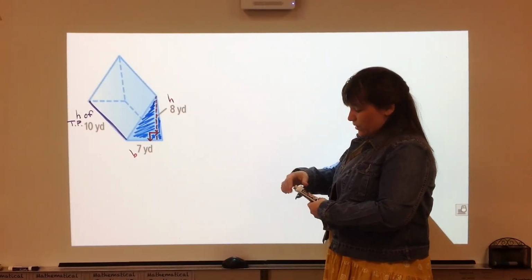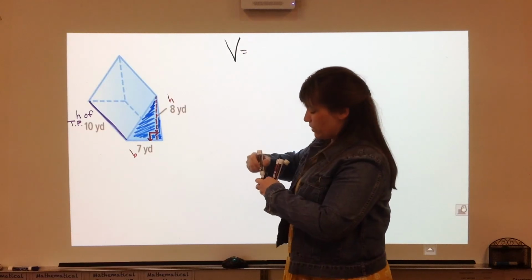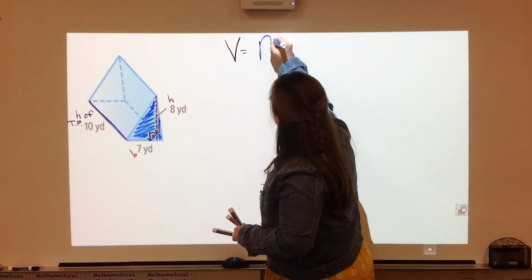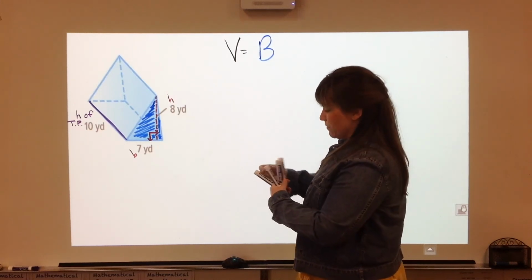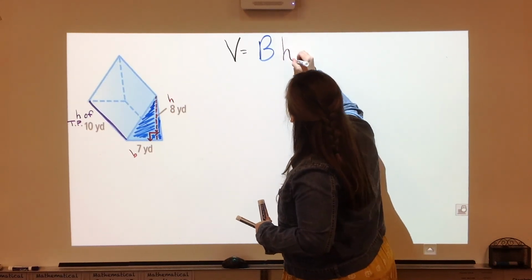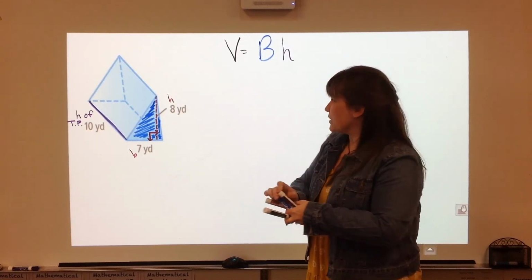Now let's plug in the numbers to our formula. So the volume is going to be big B, which is the area of this blue triangle, times the height, which I did in purple, of the entire triangular prism.